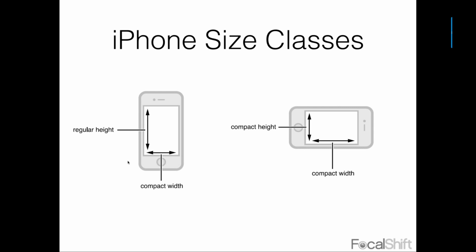When you rotate the iPhone to landscape mode, then both the width and the height size classes change to compact mode. So this is something you'll just get used to as you're interacting with Xcode, with Interface Builder, that you'll know that a particular combination means a particular type of device.